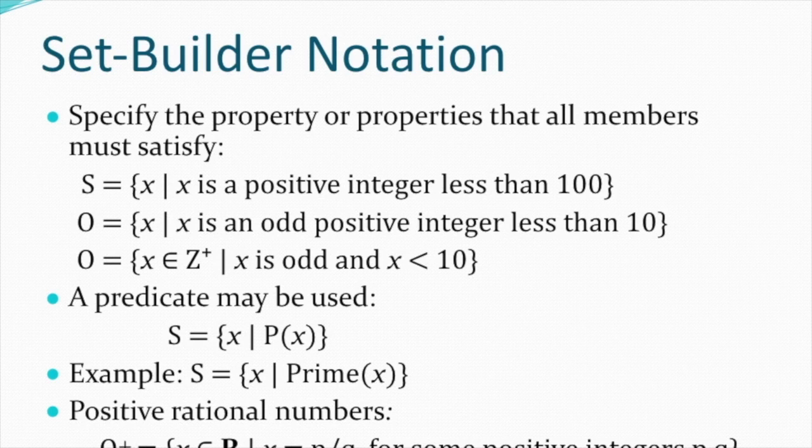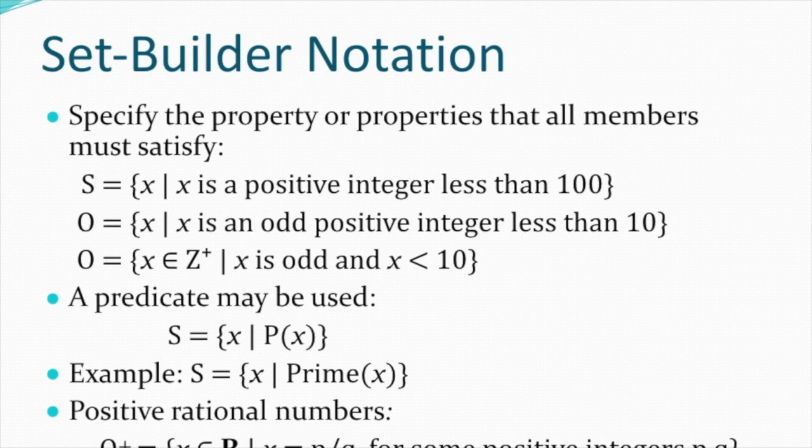So a predicate could be used to describe the element of the set as well. Based on the notation, a set like capital S has an element which is x, and this x could be defined by the function p of x. Now you can define this function further and say, for example, the positive rational number q plus is a set.